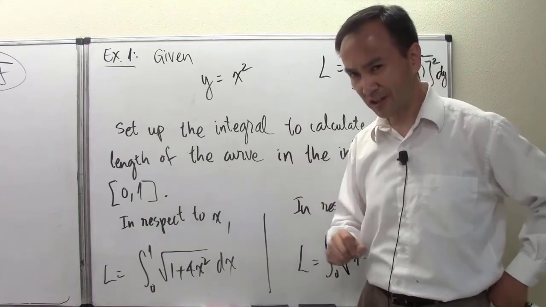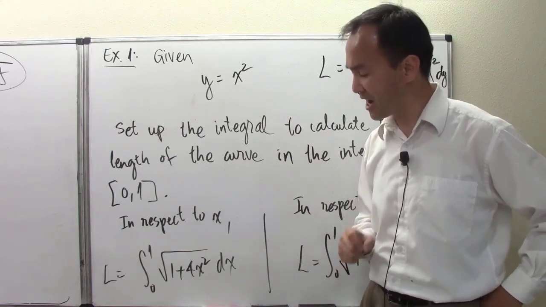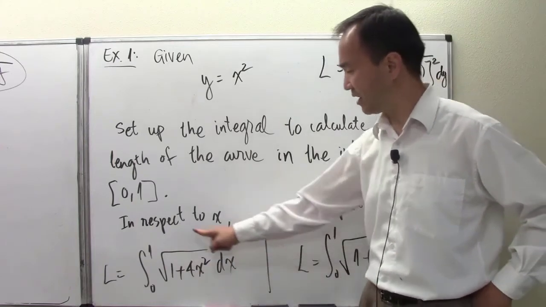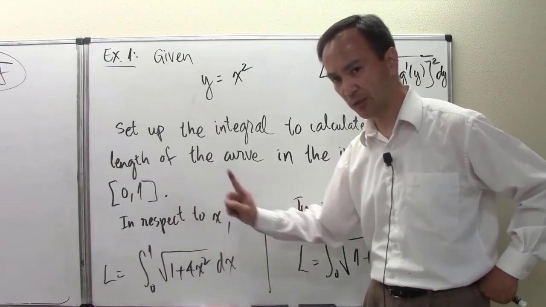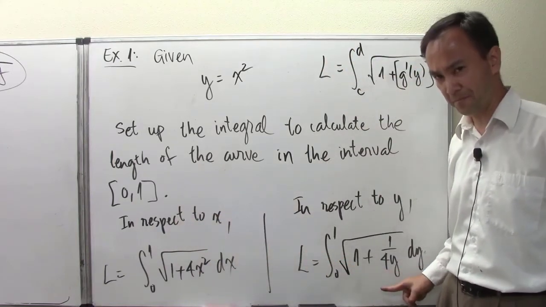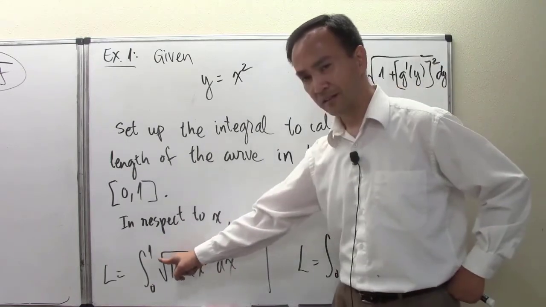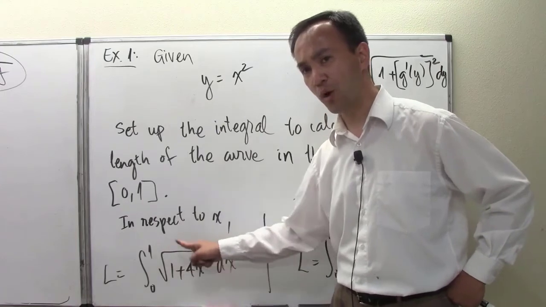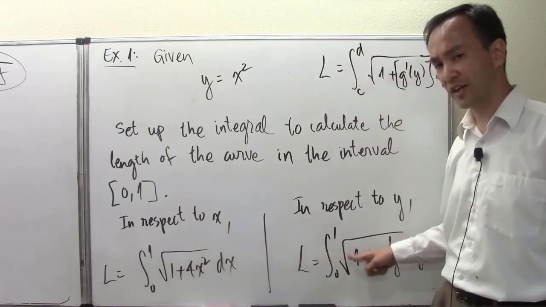The reason I talk about advanced techniques now is that either way, whether you set it up with respect to x or with respect to y, your function is mostly inside a square root.